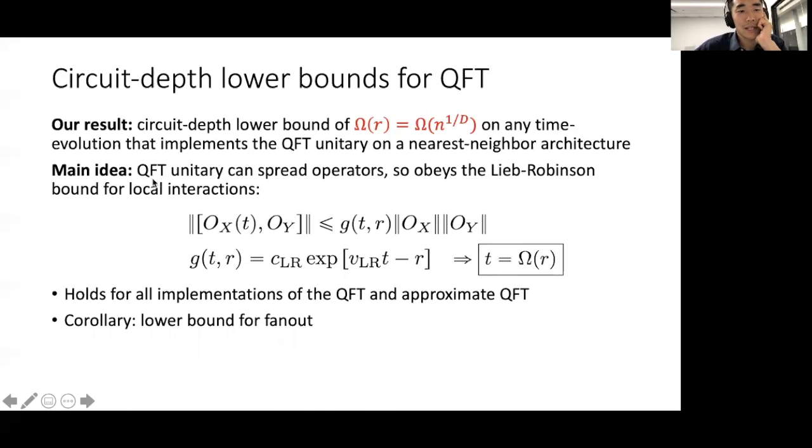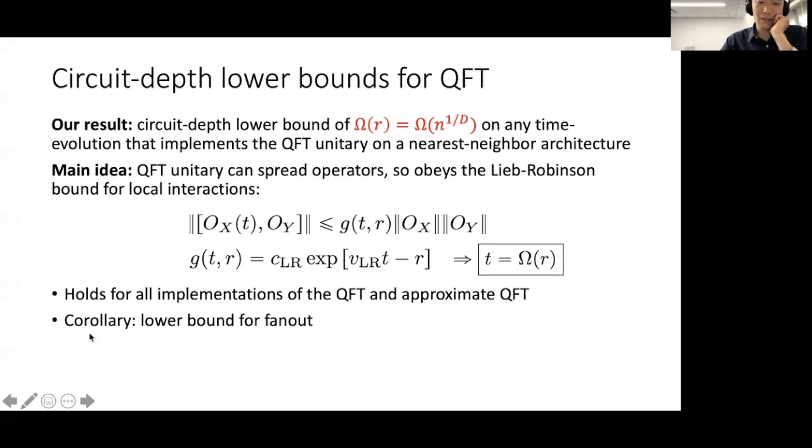The main idea here is that the QFT unitary can spread operators and therefore obeys the Lieb-Robinson bound. What the Lieb-Robinson bound says is that if you have a system with local interactions, then the time it takes to spread an operator non-trivially over distance r is going to be lower bounded by r. And this lower bound holds for all implementations of the QFT and approximate QFT.